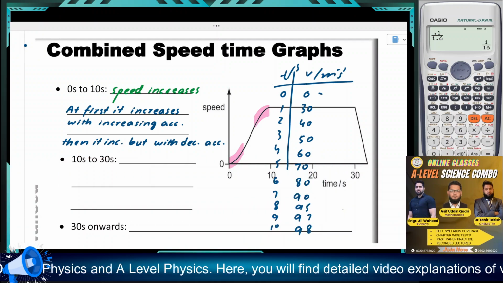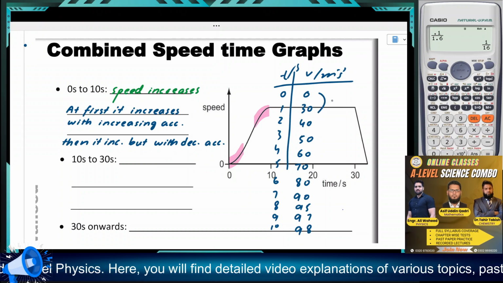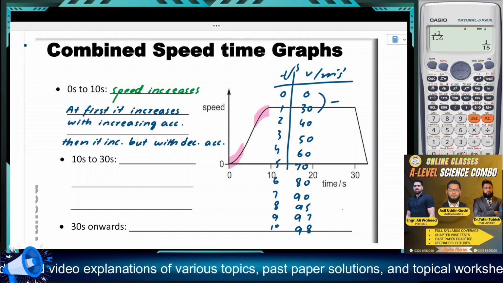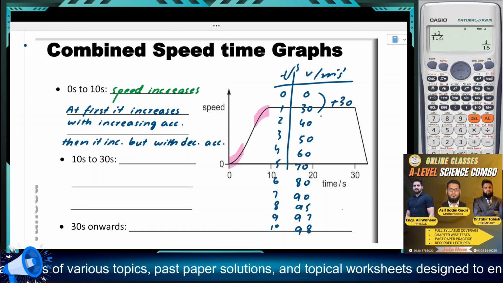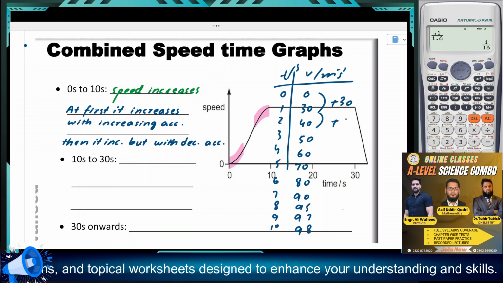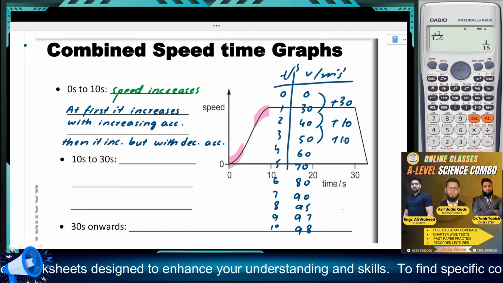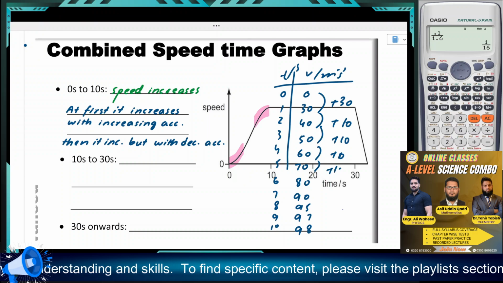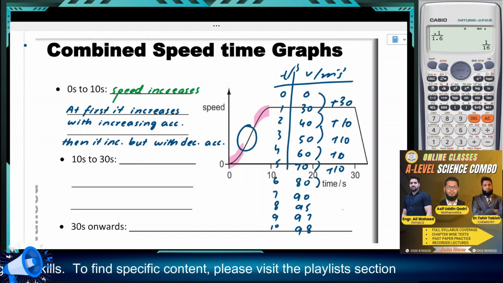So you see, initially the speed was increasing at an increasing rate. The change was plus 30, and after a while the change is constant. So this could be the central part, the part with uniform acceleration, where the change is constant.